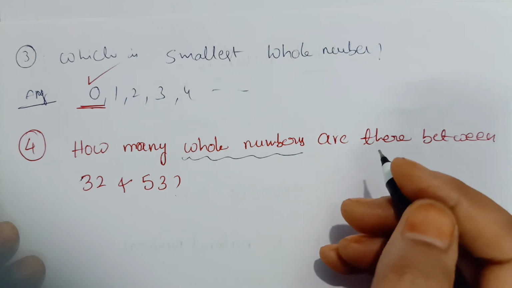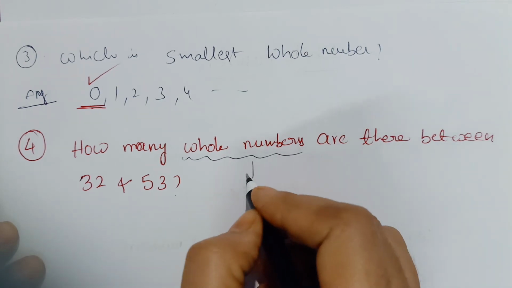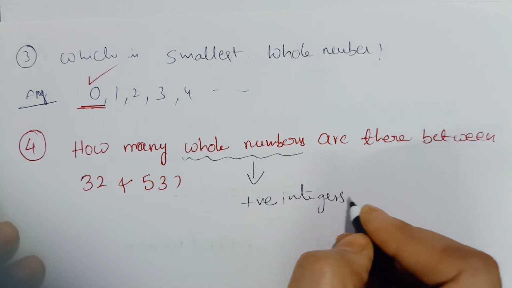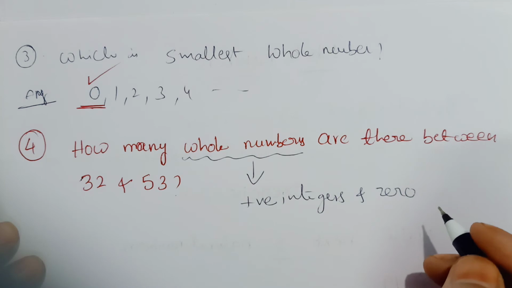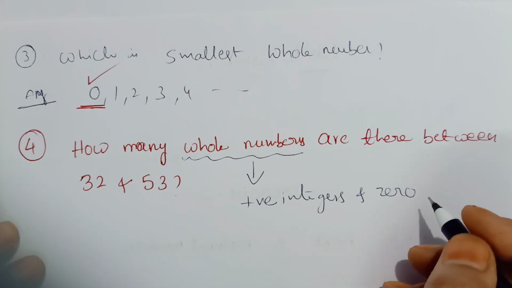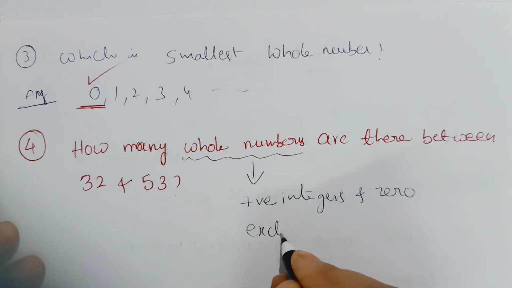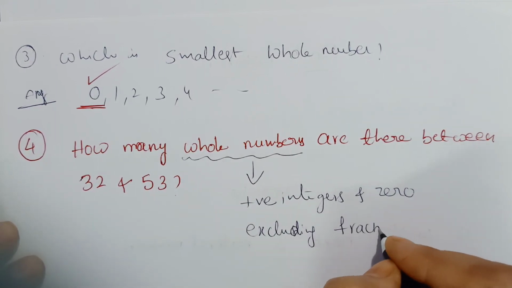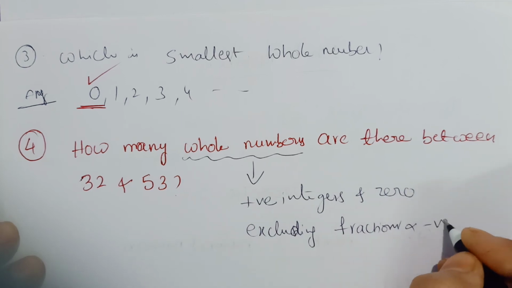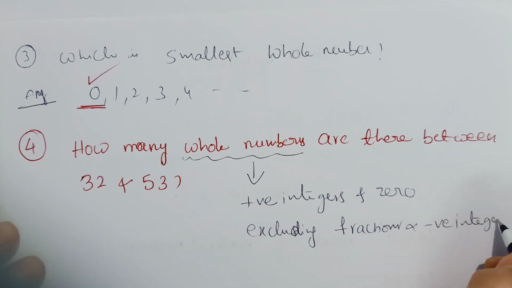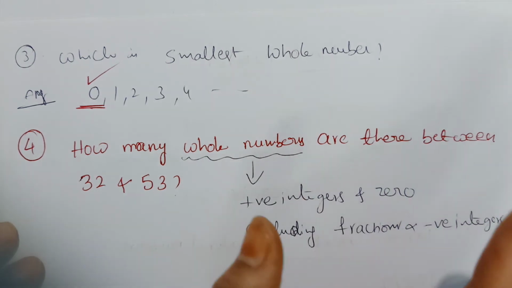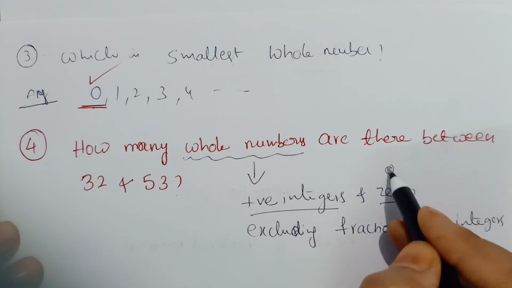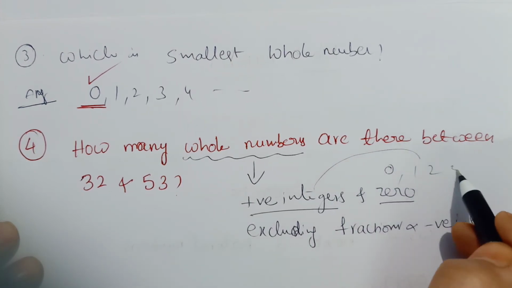It is a collection of positive integers and 0, excluding fractions and negative integers. This is nothing but whole numbers. It means 0 and positive integers 1, 2, 3, 4 like that.